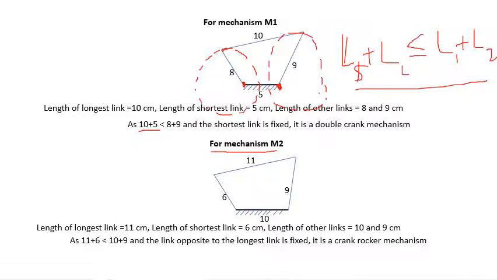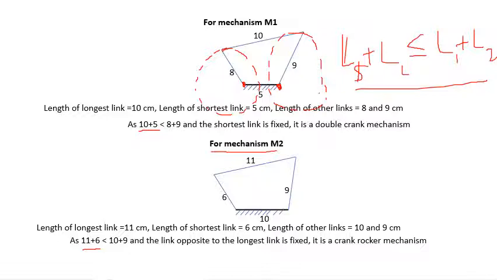So let us consider Grashof's equation again, that is, the length of the shortest link plus the length of the longest link should be less than or equal to the sum of the remaining two link lengths. The longest link is 11 and the shortest link is 6. So 11 plus 6 is 17, and the sum of the other two link lengths, 10 plus 9, is 19.